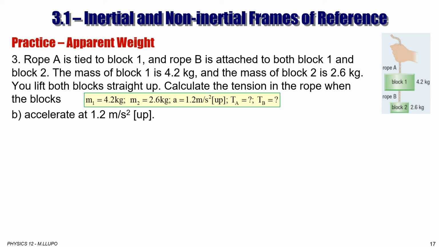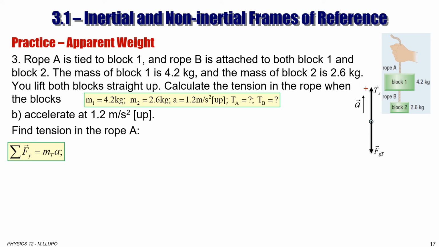But we do pretty much the same thing. We draw a free body diagram for tension TA and total force of gravity, which include both blocks because rope A pulls up, accelerate upward, both of them. Then direction of the acceleration is up, and that will be a positive direction.